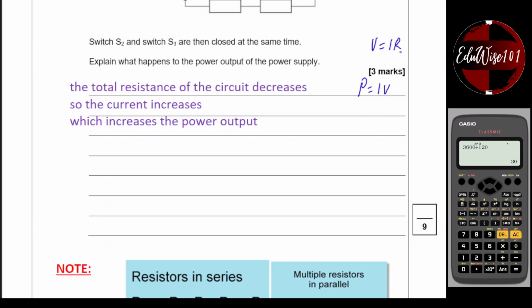If the resistance reduces, then the current should actually increase, because the voltage is kept the same, because that's the mains voltage. So if the resistance drops, the current would increase. If the current increases, then the power output will also increase. So these two equations are linked together to be able to answer this question.